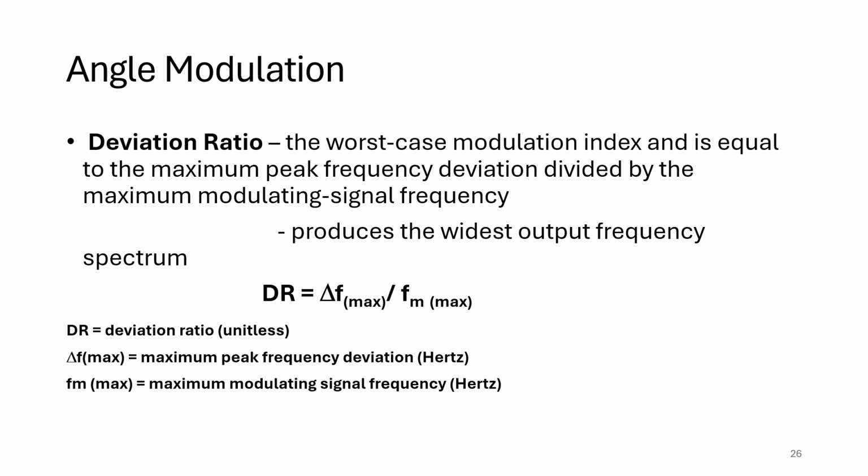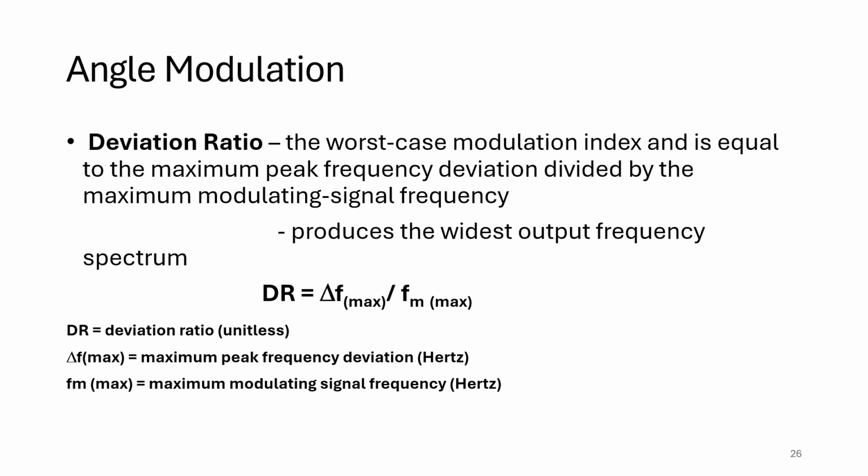So why do we call this the worst case modulation index? Because the deviation ratio produces the widest output frequency spectrum. What do we mean by widest frequency spectrum? That means this has the biggest bandwidth requirement.